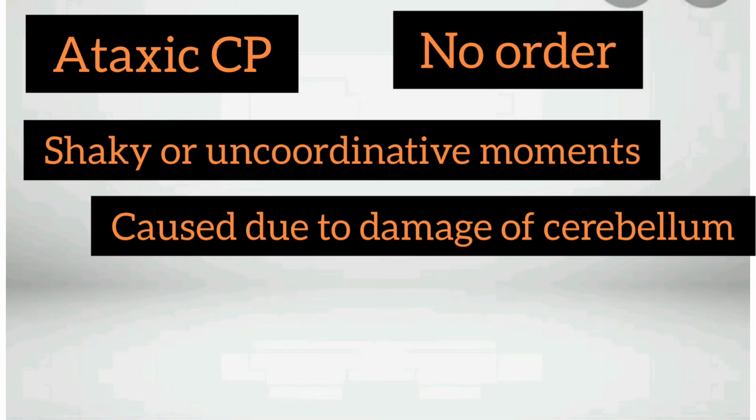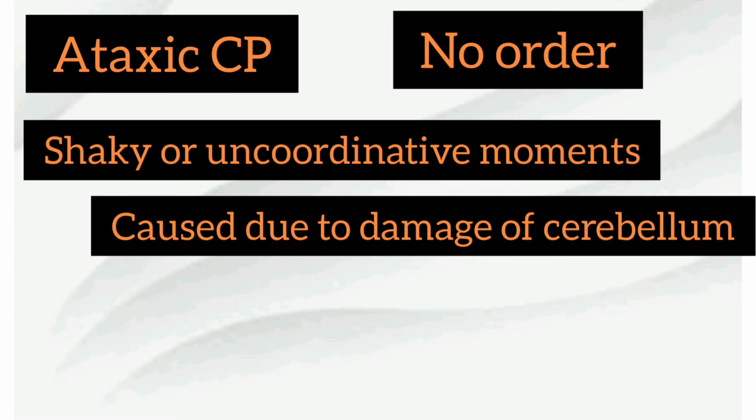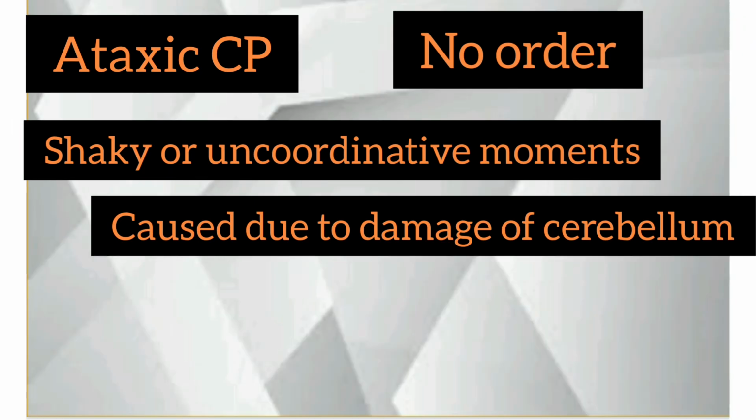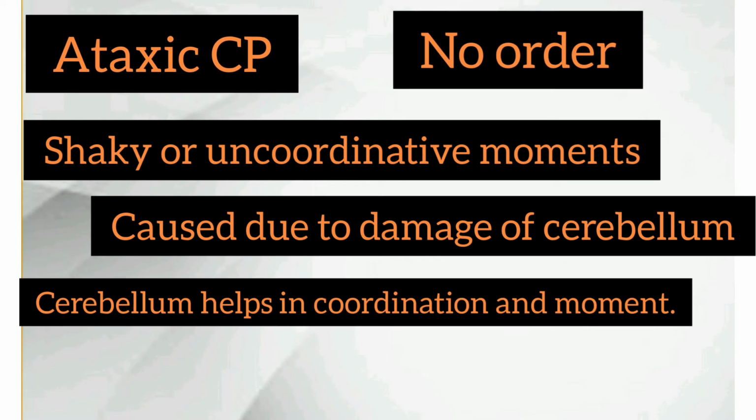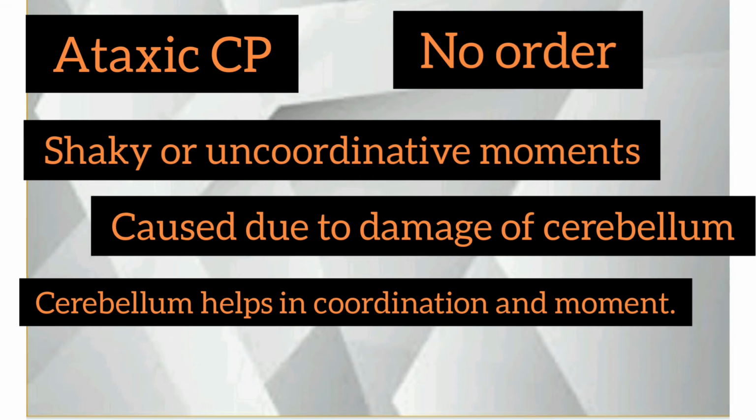The cerebellum takes care of movement and coordination of movement, like basic movements, holding a glass or something like that. So when there is poor balance, the kids can't hold anything, or the instruction is not passing properly.